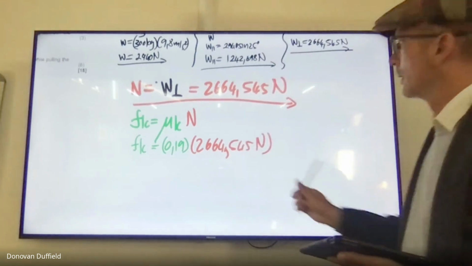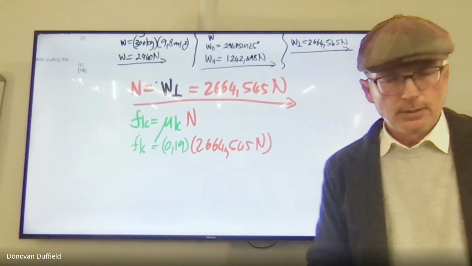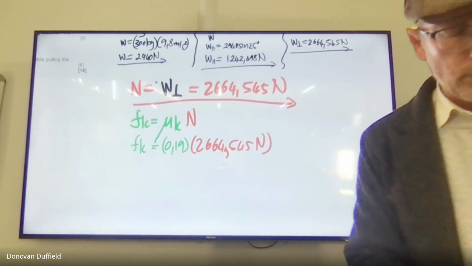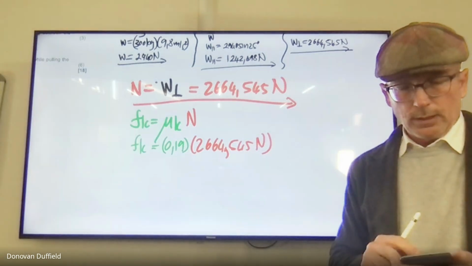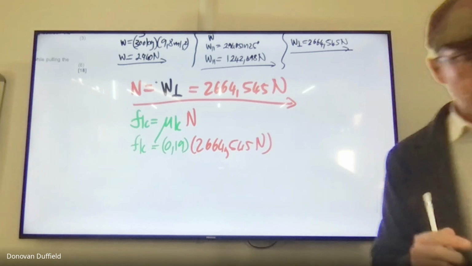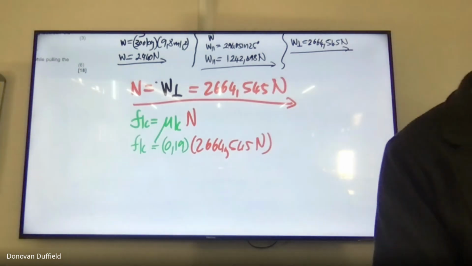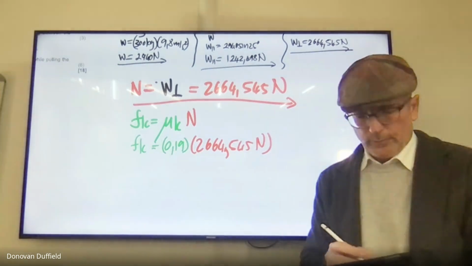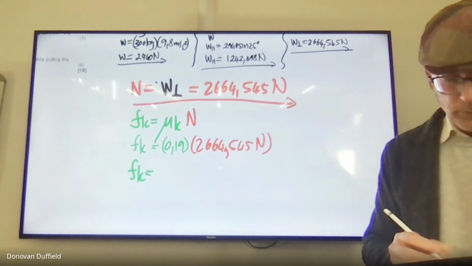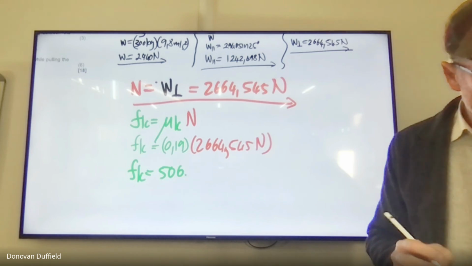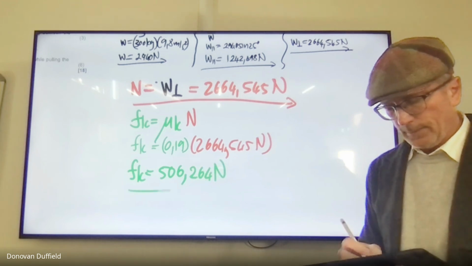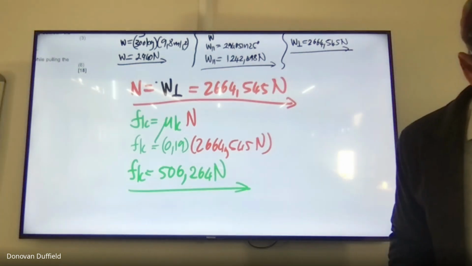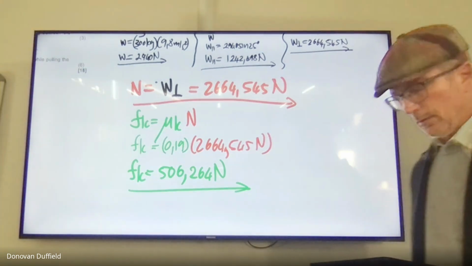We multiply by 0.19, and that gives us that the kinetic friction is 506,264 newtons.